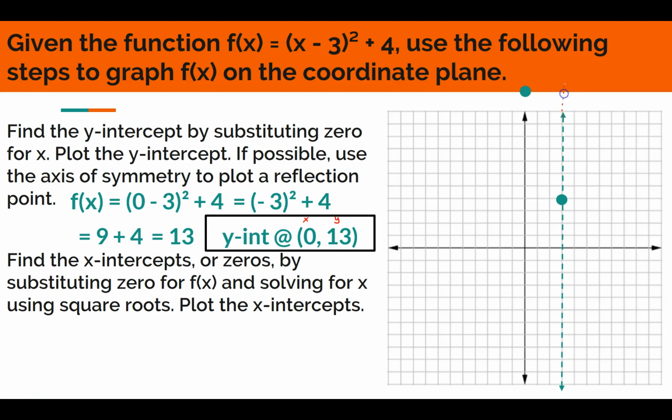How far away from this are we? 3 over. So let's go 3 on the other side. 1, 2, 3, and plot my reflection point. We also found out that when we factored and solved for my x's, they were always reflection points of each other.